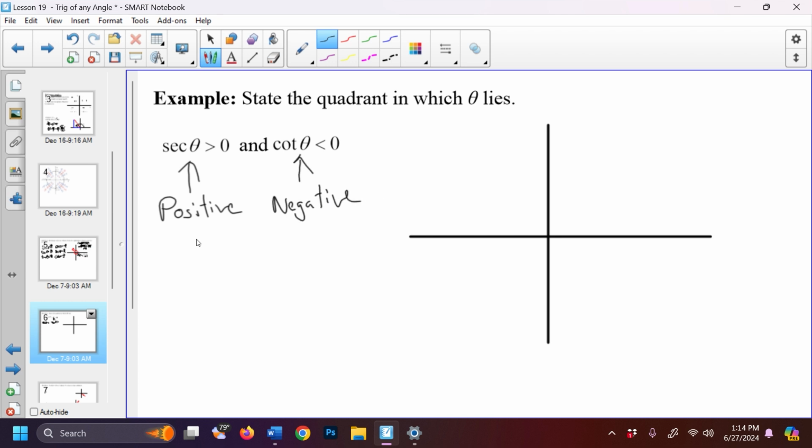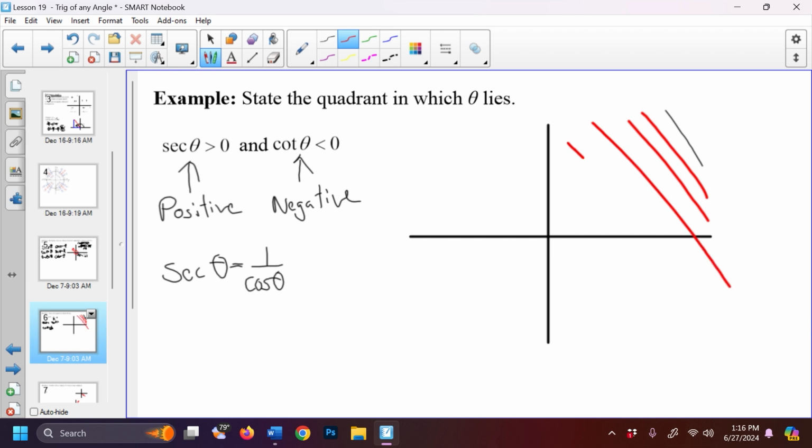All right, so if we remember that the secant of theta is equal to 1 over the cosine of theta, cosine of theta is only positive where the x values are positive. So if I come over here to visualize this, secant of theta can only be positive in these 2 quadrants. So I'm just going to grab another color here, say red, and say that the secant of theta is positive in these 2 quadrants.